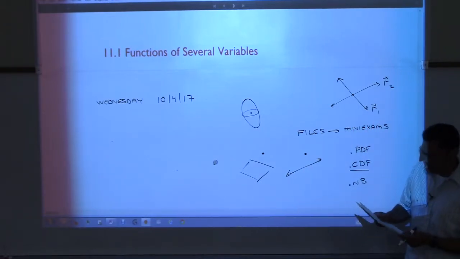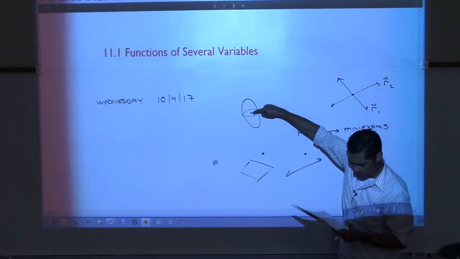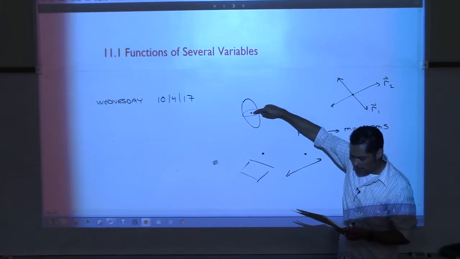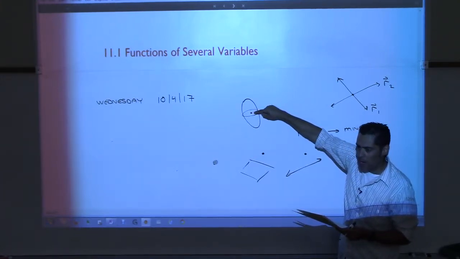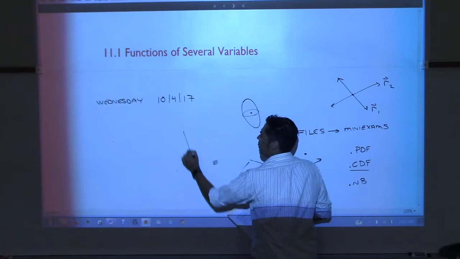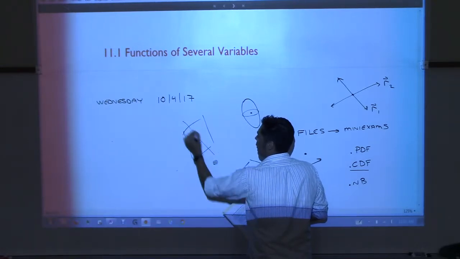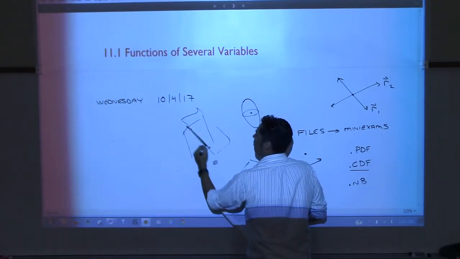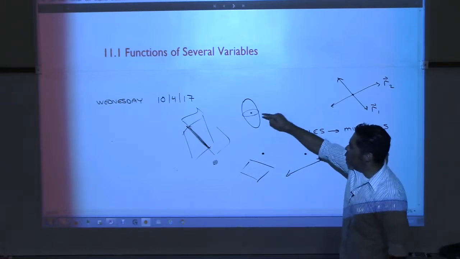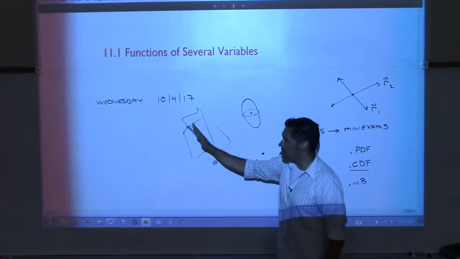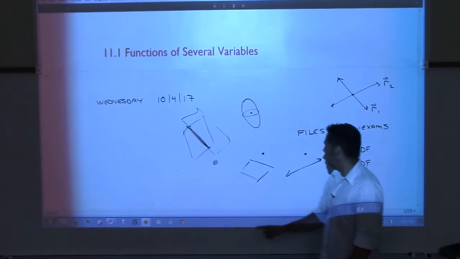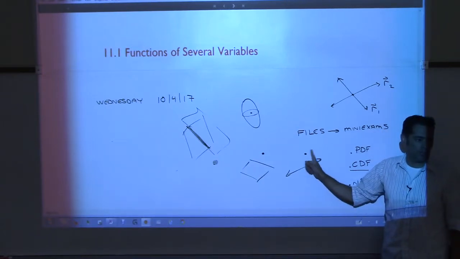You're trying to find the shortest distance between the center of that and the line of intersection of 2 planes. So you've got a plane over here, another plane over here, and they hit each other in a line, don't they? So you've got to figure out what this line is, and then once you do that, you can do what I did in class, shortest distance between a point and a line.